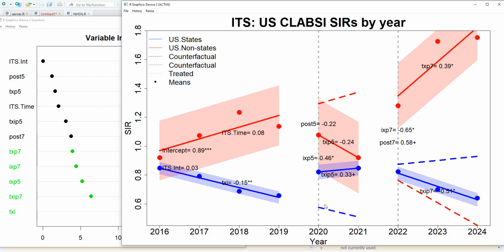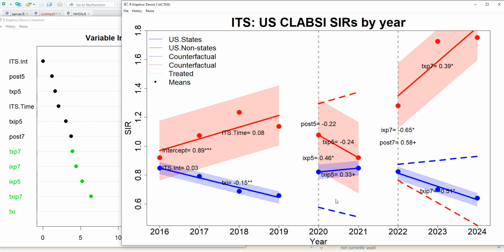But you can see something interesting happen. There was a flip where the 50 U.S. states' trend increased, while the non-U.S. states decreased. And in 2021, they both continue to decrease and increase, respectively.